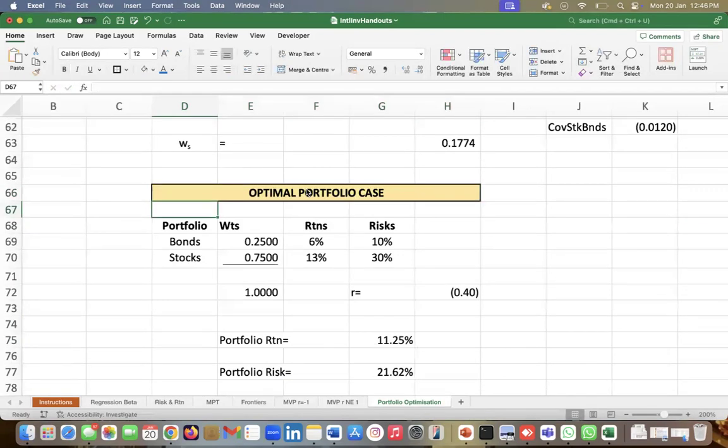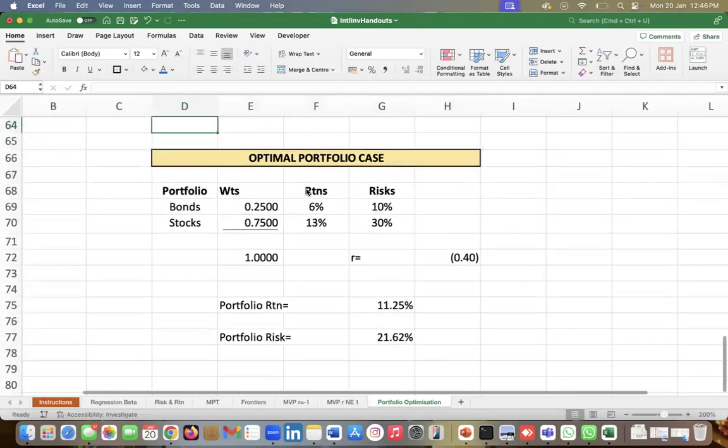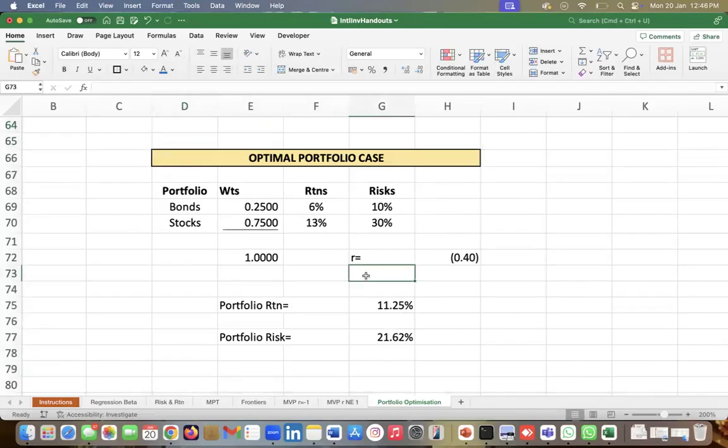Okay? This is the optimal portfolio case. So for optimal portfolio, you need one more output. What is the output that you need? You need the Sharpe's ratio.